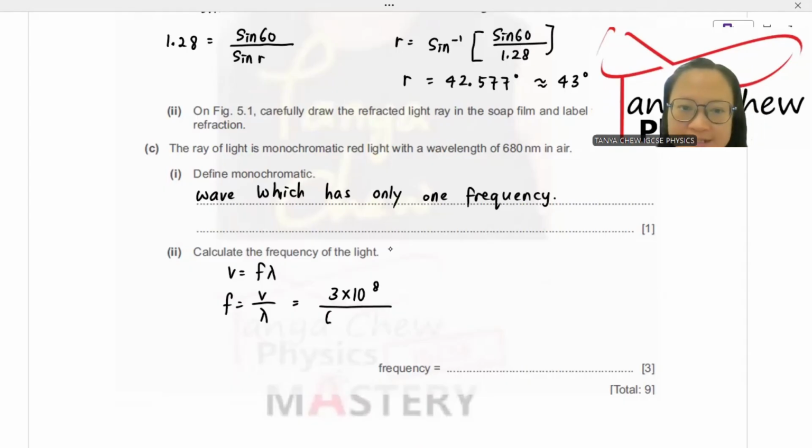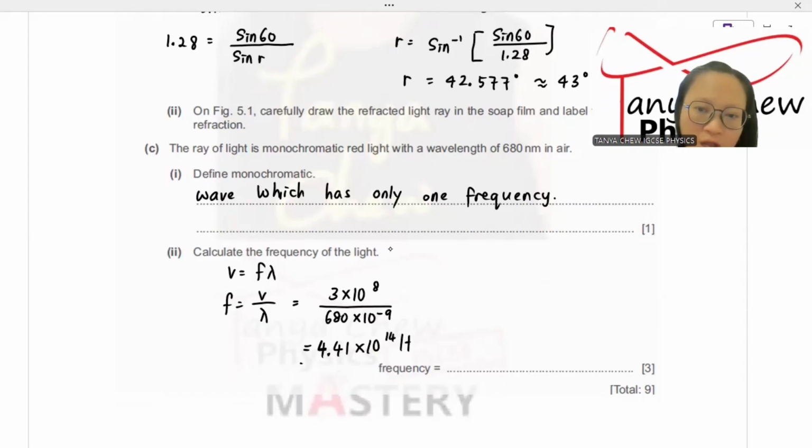Now, the wavelength is 680, but nano is 10 to the power negative 9. So the frequency is 4.41 times 10 to the power of 14 hertz. Beware of the unit of frequency, it is hertz. Done.